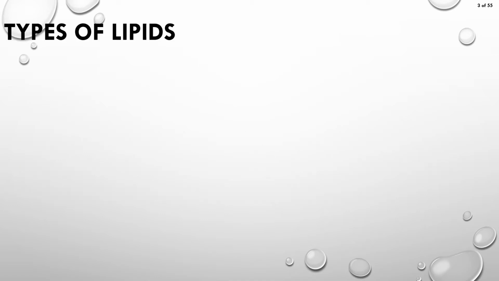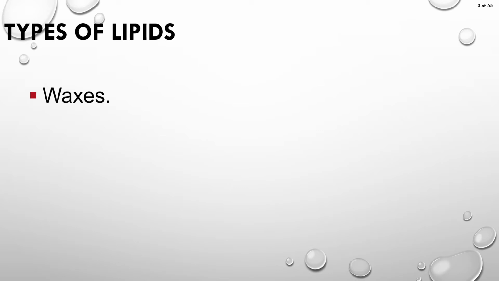Now, let's move on to the types of lipids. The first one are the waxes. Waxes are simple lipids which are esters of long-chain alcohol. These alcohols are usually monohydroxy, that is with only one OH, and with fatty acid. So an alcohol with a fatty acid.